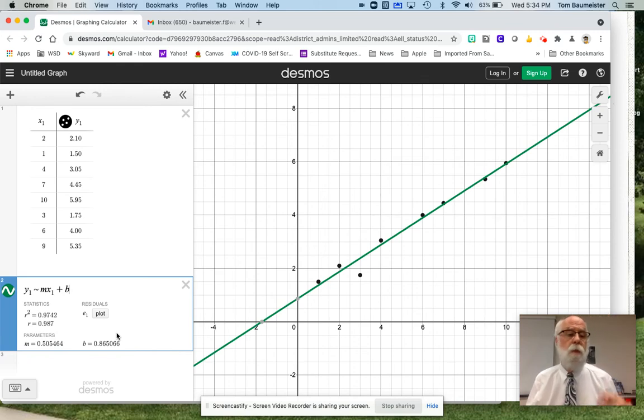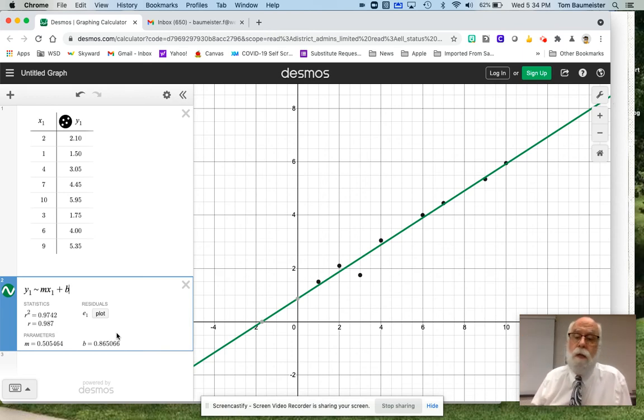So if we're talking money, why don't we just go ahead and round that to the nearest hundredth? So if we did that, our M is going to be 0.51. Our B, if we round that one up, that'll be 0.87. All right, so we're going to write that here in a second.